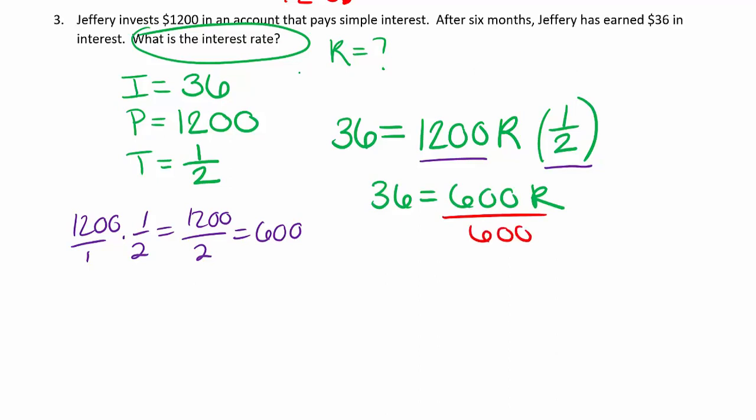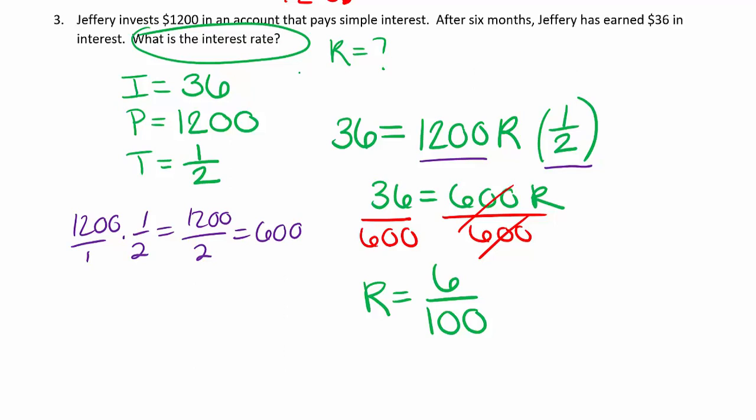To finish, we can divide both sides by 600. And let's see, to help me with the division, I'm going to reduce. Both of those numbers are divisible by 6. So R is 6 over 100. I have to write this as a percentage. You might recognize, because we got lucky and the denominator is 100 in this case, the 6 is the percent. The answer is 6%.